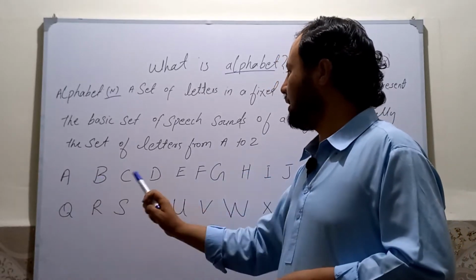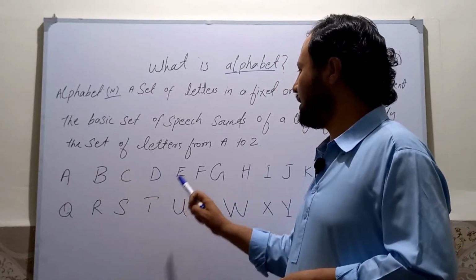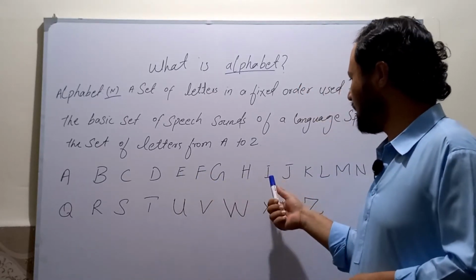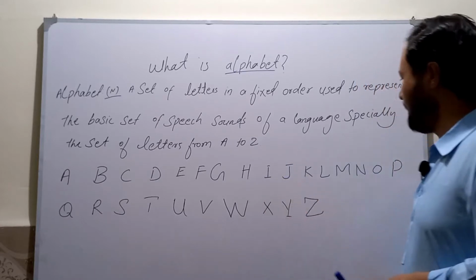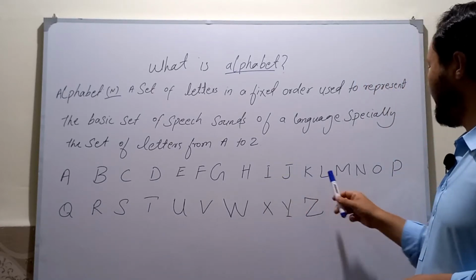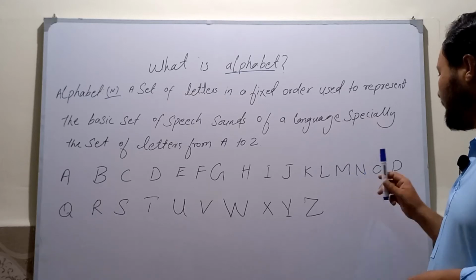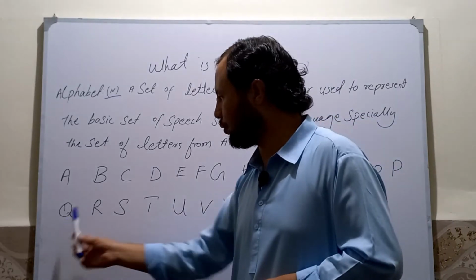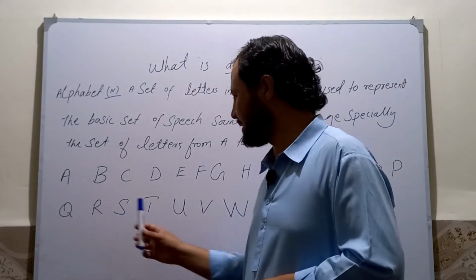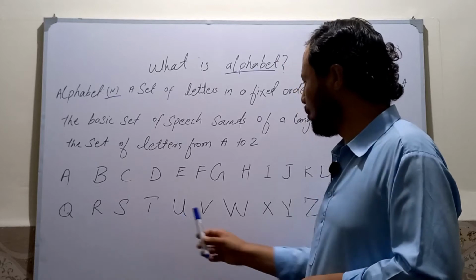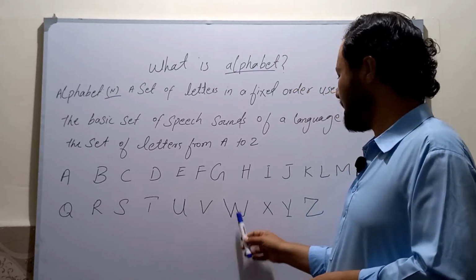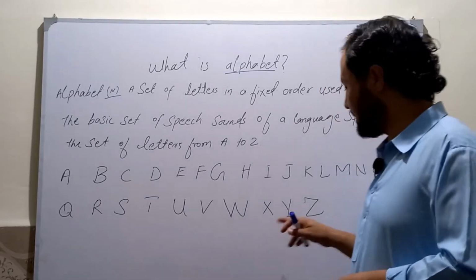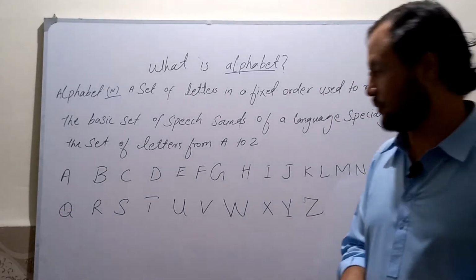A, B, C, D, E, F, G, H, I, J, K, L, M, N, O, P, Q, R, S, T, U, V, W, X, Y, Z. We call it Z also.